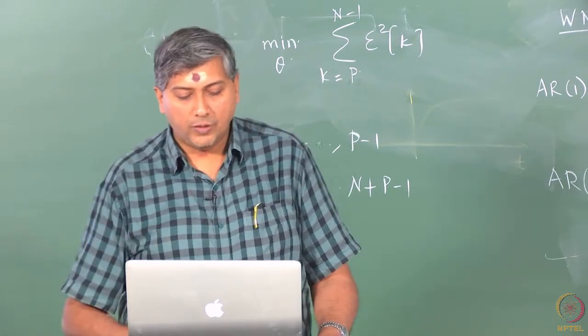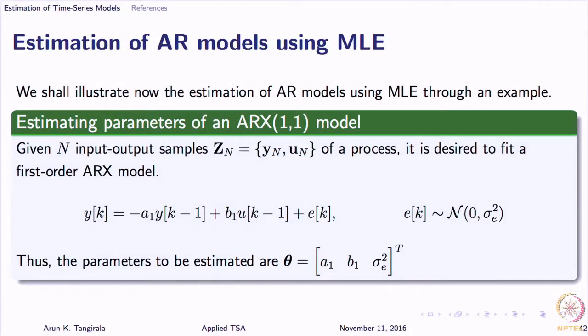So, it is best understood with an example. Although I say AR(1) here, I have used an ARX(1,1). There is not much difference between AR(1) and ARX(1,1). The reason why we call this ARX is, you can see in addition to the autoregressive component, you have the effect of some external input.